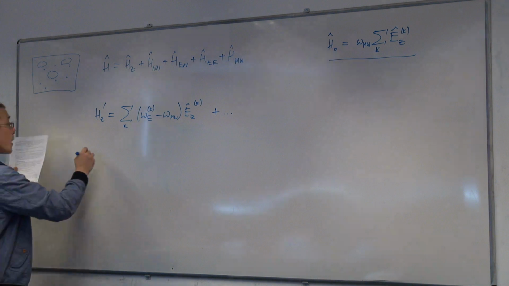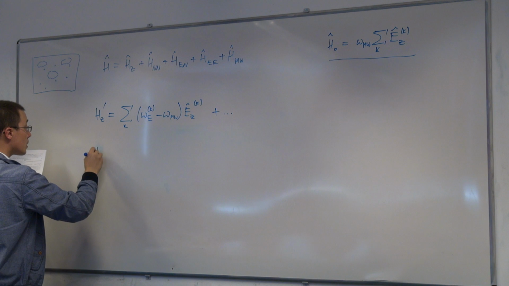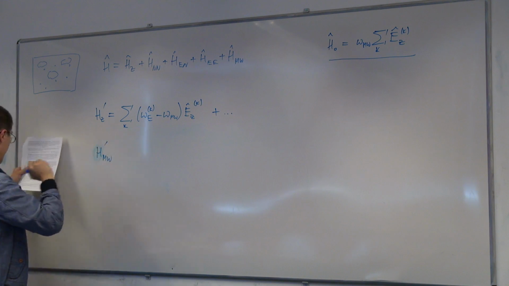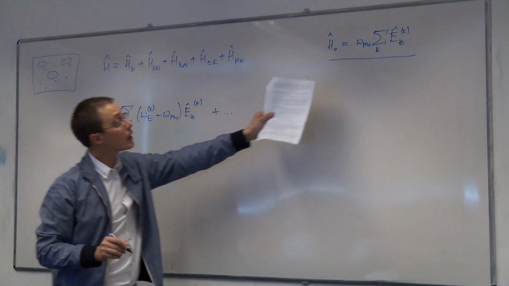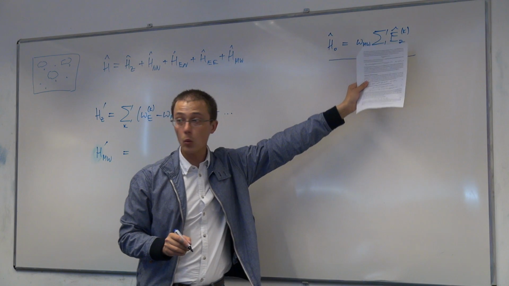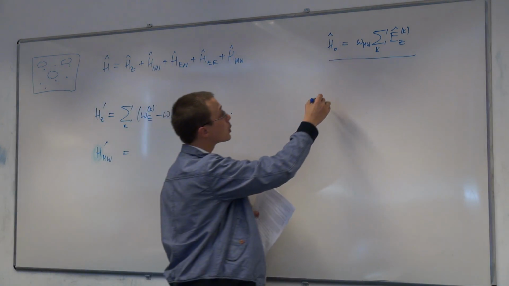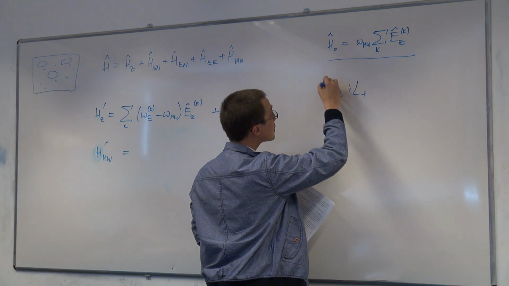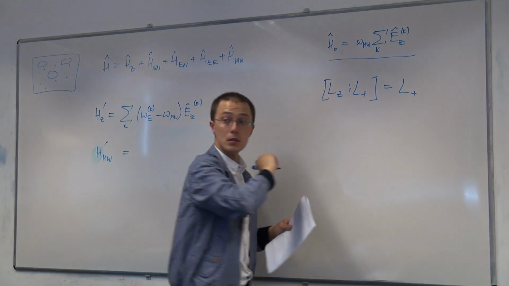Let's take a look at the microwave operator. So what happens to H and W? What would happen is an exponential of this would be applied to E plus and E minus. And I'll remind you that the commutator of Lz and L plus is equal to L plus.